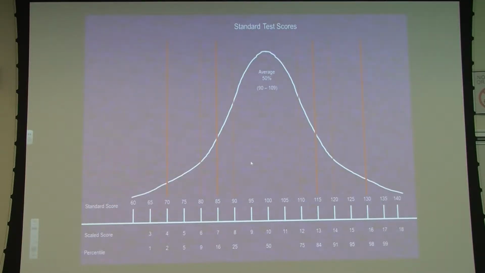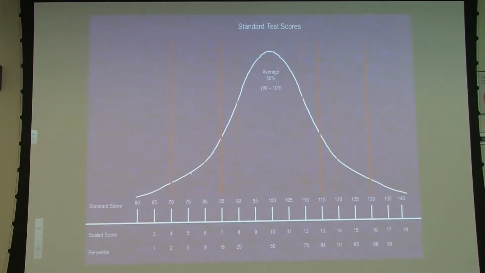The reason the bell curve goes up in the middle is because that's where most people are. Most people are average in that middle range, okay? Not that many people are really low, and that's why the curve goes down on this end, and not that many people are really high, and so it goes down there. I think right there, that kind of demystifies the bell curve, right? It's representing that large sample of thousands of kids that were tested.